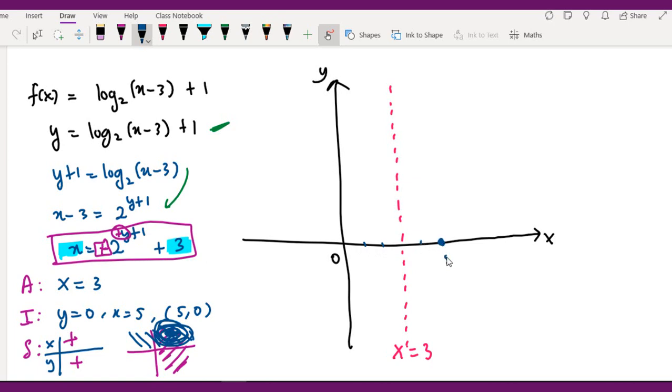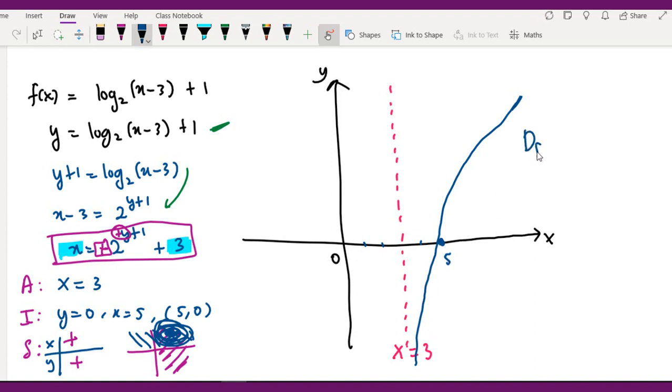Here, (5, 0). Then let's sketch the graph. The starting point lies in the first quadrant. Here, the first quadrant, and join up to here. Then the graph joins here until the asymptote. So this is the graph.